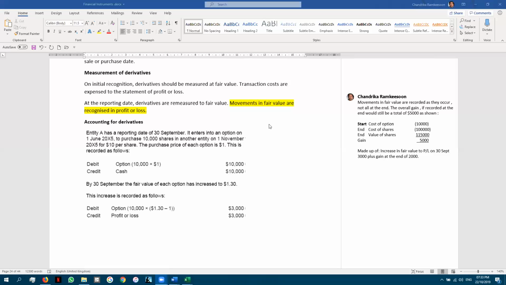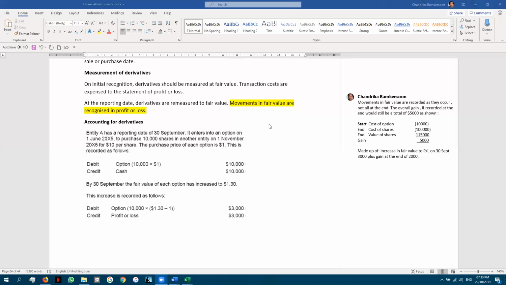The purchase price of each option is $1. It enters into an option arrangement, and the entity is purchasing 10,000 options, one option per share, so to speak. That's keeping it very simple. One option may involve more than one share, but say one option per share.